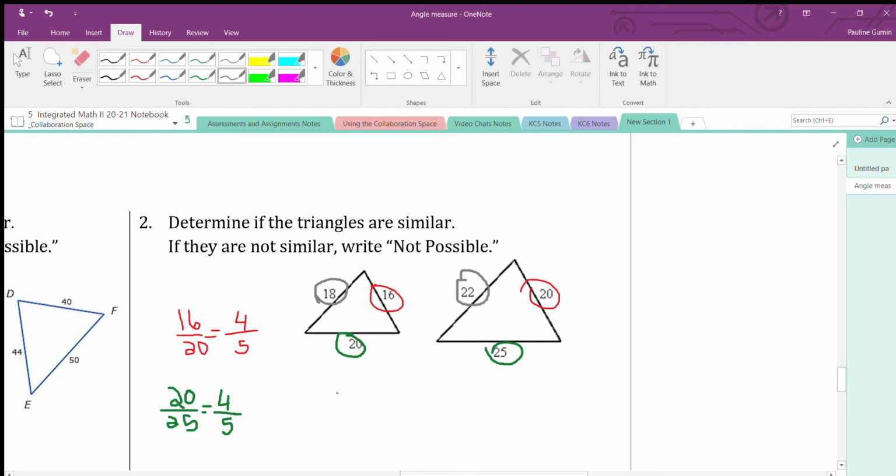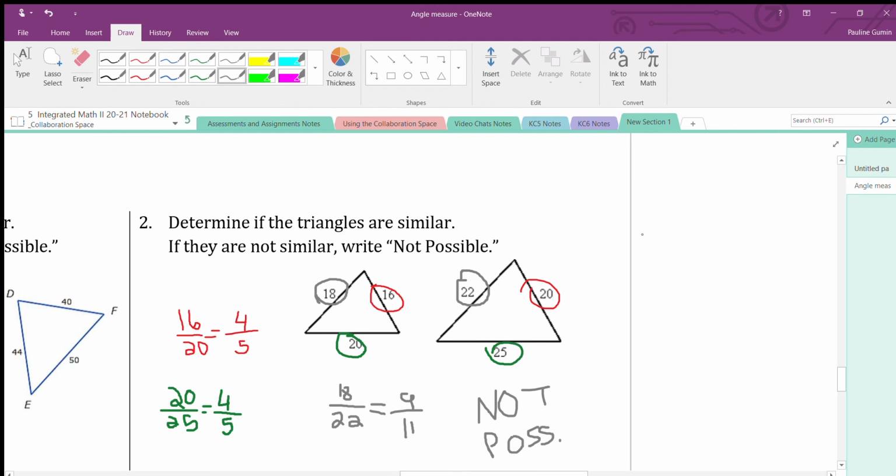Okay, 18 over 22. And when I reduce that, I get 9/11. So not possible. How about that? This is not similar. They look very similar, but by definition, they are not.